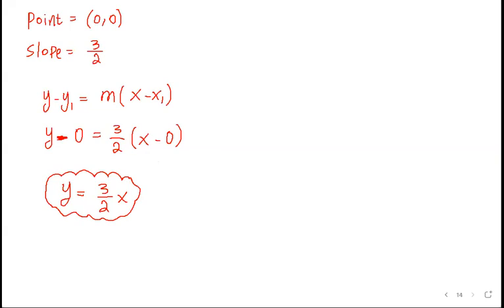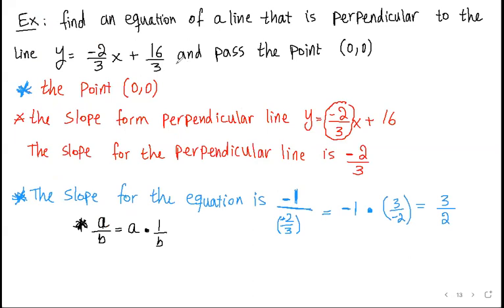Is it clear? It's not clear? Okay, again. The question is, find an equation of a line that is perpendicular to this line and passes through this point. Always, for an equation of a line, I need two things. First, I need a point, and I need a slope. Because I have another equation that is perpendicular to the equation I'm looking for, I have to find the slope from this equation.